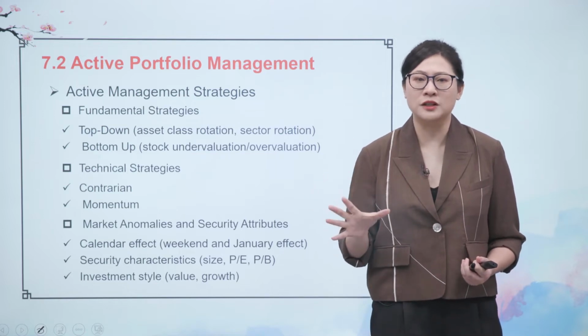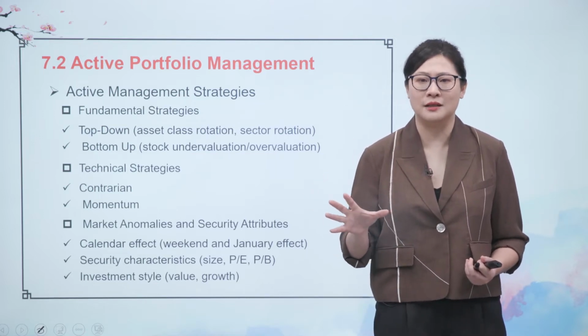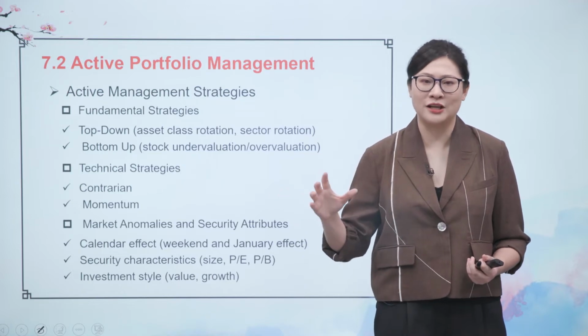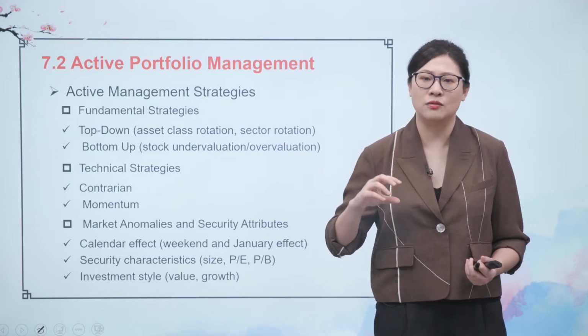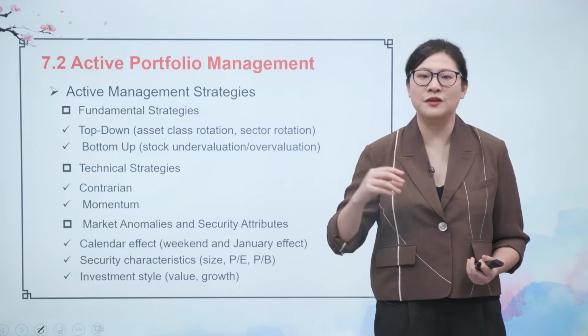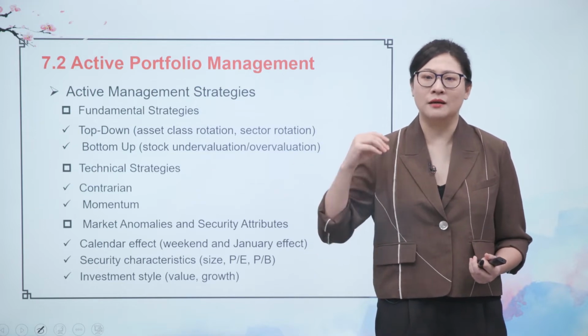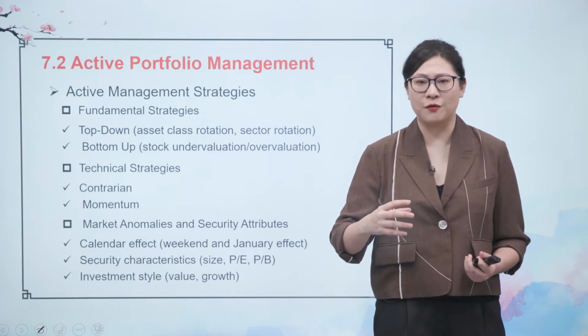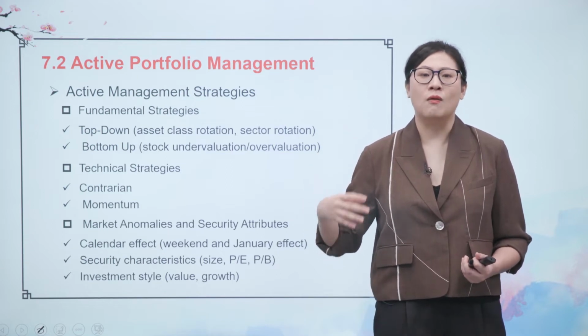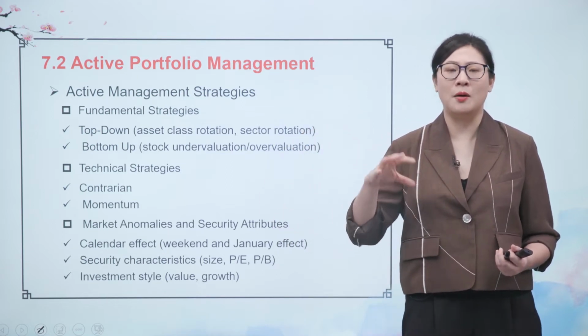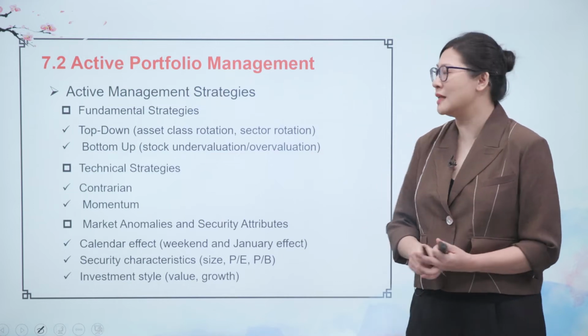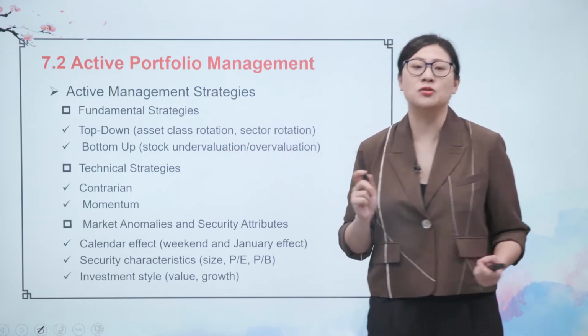First, you need to analyze the whole market situation, and you allocate your money between different asset classes, like bonds, equity, or cash, deciding how much money you want to invest. So that's your asset class rotation.